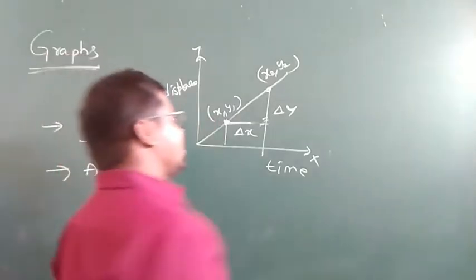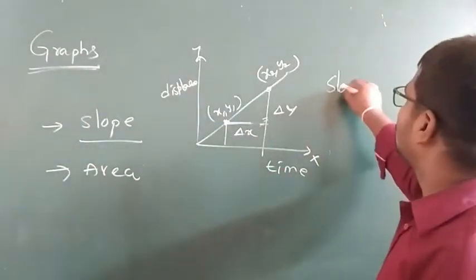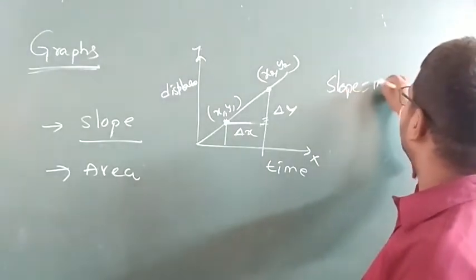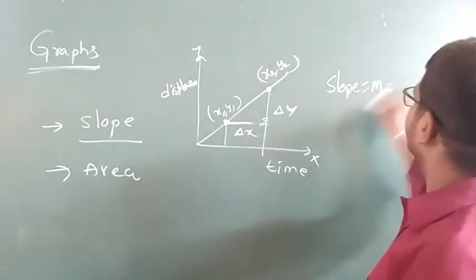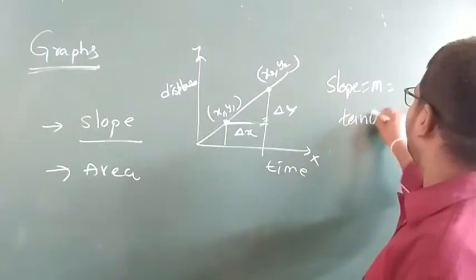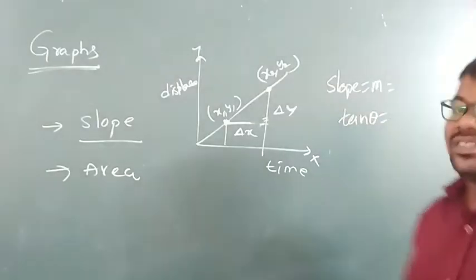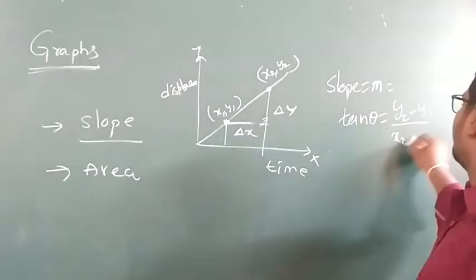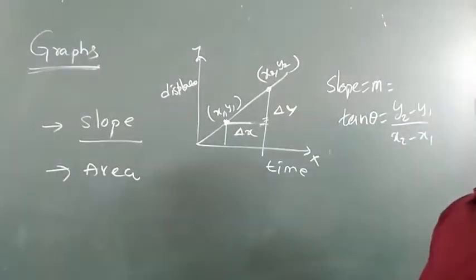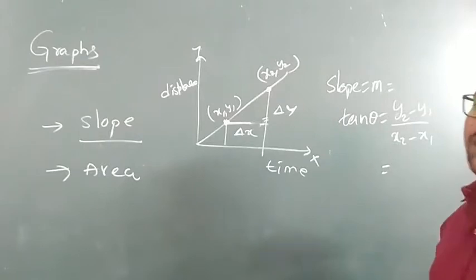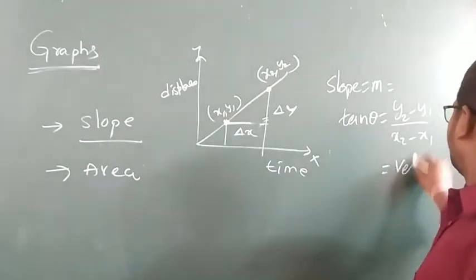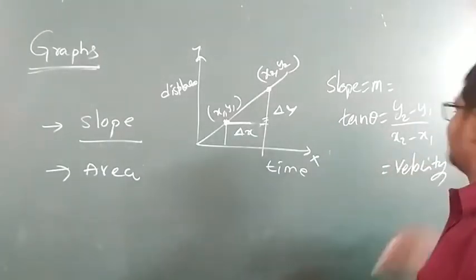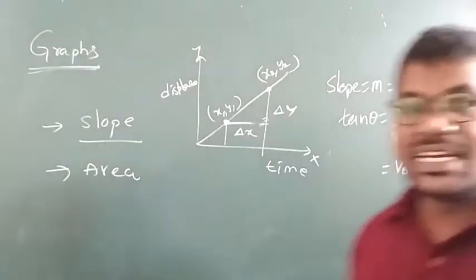Okay, this slope, it is denoted m, is equal to tan theta, which is equal to y2 minus y1 divided by x2 minus x1. So which gives velocity. Understand? Velocity, my dear children.